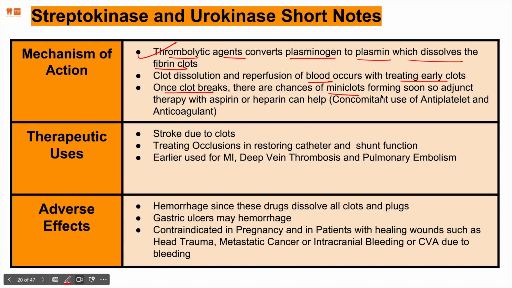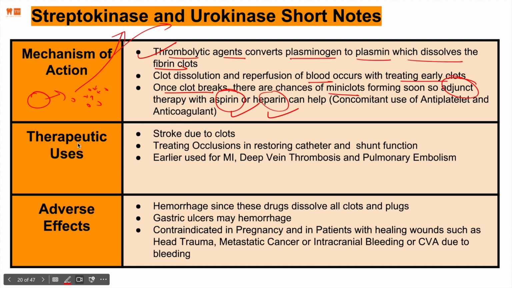And as soon as they do, we must use an adjunct, because aspirin and heparin are anticoagulants. Therefore, a big clot that is broken by these drugs turns into smaller clots, and they will want to come together by coagulation. And therefore, we want to prevent that as well. Antiplatelets or anticoagulants will work to prevent that clot.